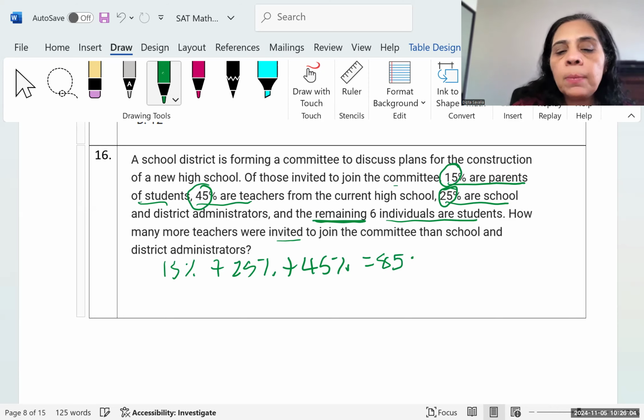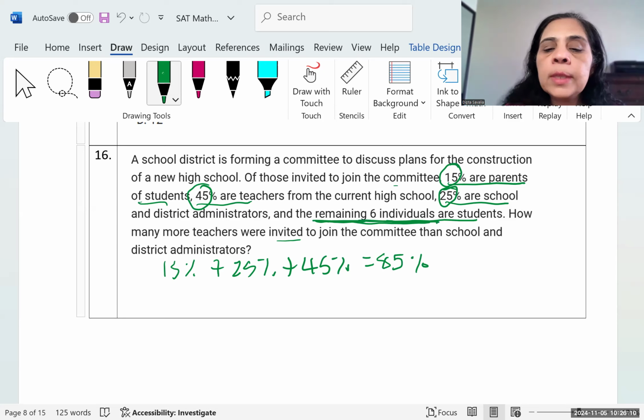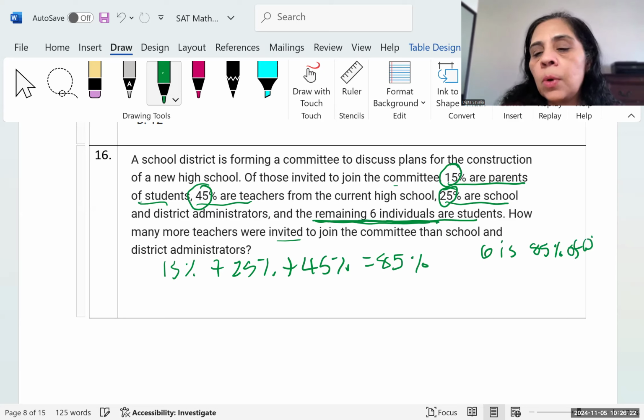So 85%. Now the remaining is 6 individual students, right? So what does that mean? That's what we need to find. 6 is 85% of what number?